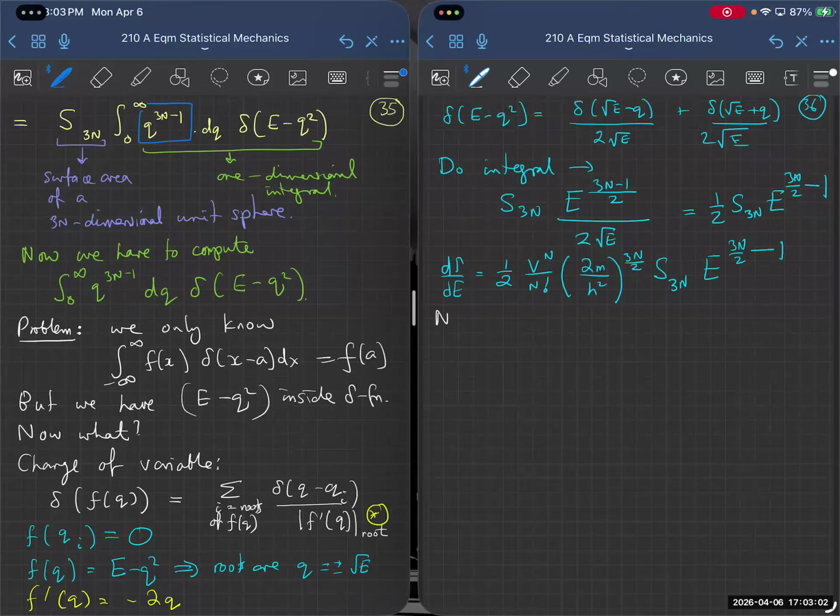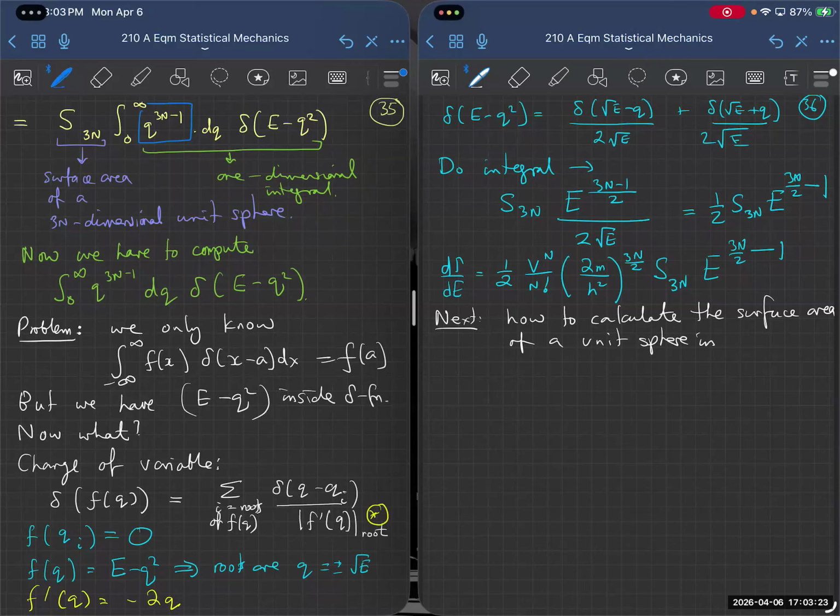So the next thing I want to show you is how to calculate the surface area of a unit sphere in d dimensions. So this is a beautiful trick. It's just a math trick. There's nothing special about it. It's just a number, but we're going to calculate what that number is.